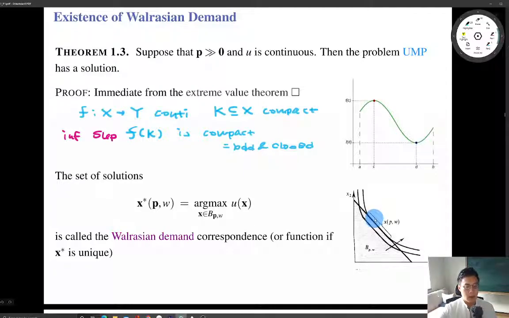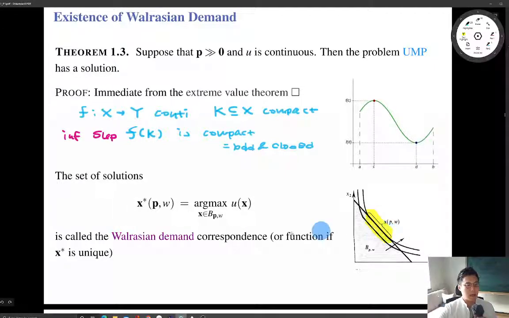By the way, if the indifference curve has some region tangent to the budget line, so not just a single point but some region where it totally overlaps with the budget line, then every bundle in this region is going to be optimal.